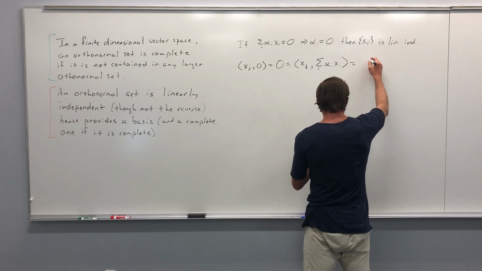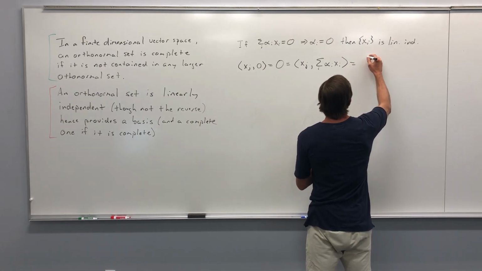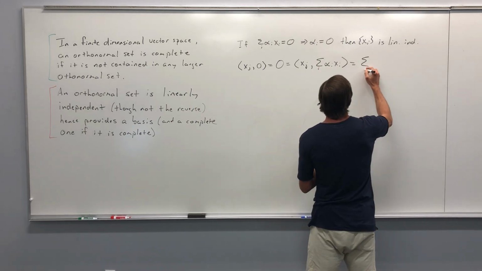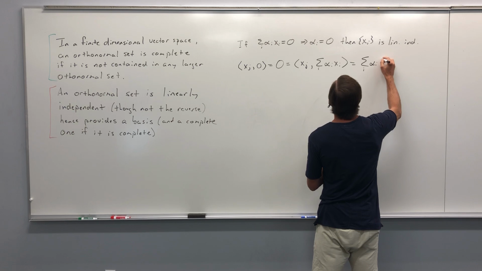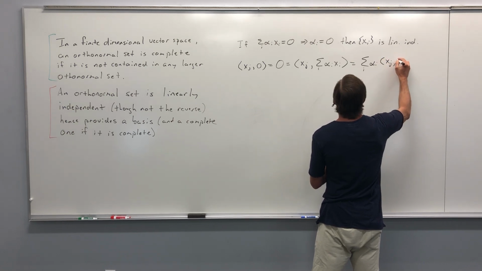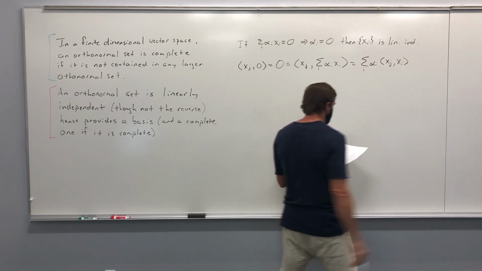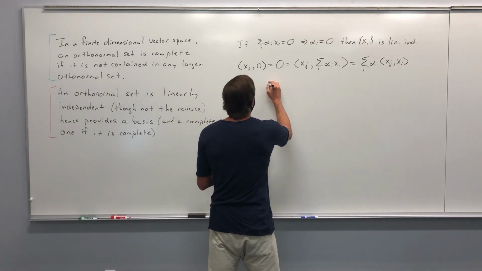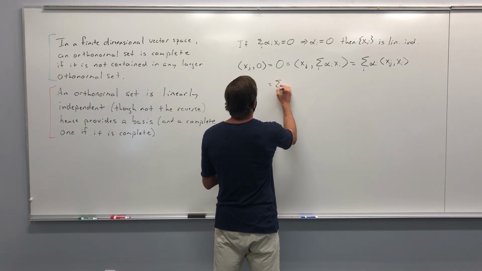Well, we can clean this up a bit, because the alpha i's are just constants. They can come outside, and then this becomes the inner product of xj and xi. But that's just going to be, oh, look.